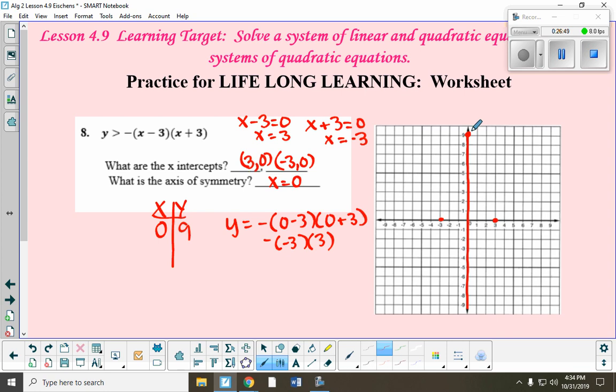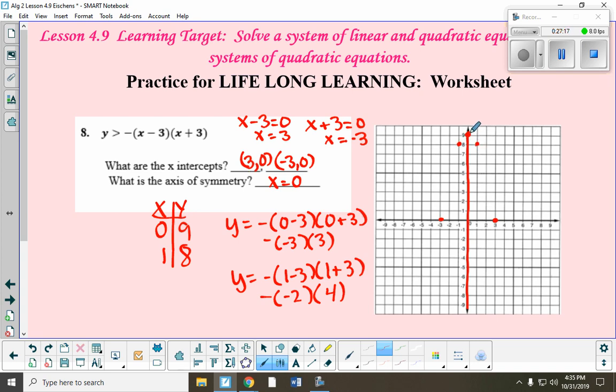And now we should have one more point. So let's substitute in 1. So y would equal negative. So that's a negative 2. And that is 4. So that would be a positive 8. So now we have a point at 1, 8, and reflect it over.